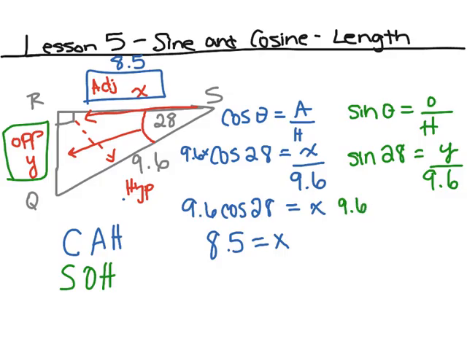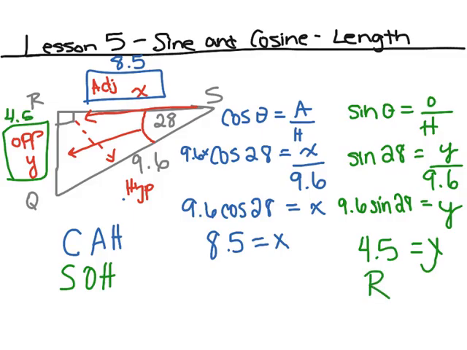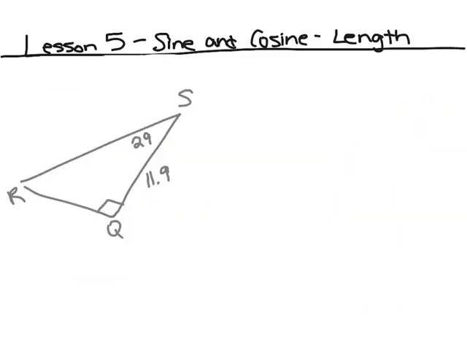So 9.6 sine of 28 is equal to y. Type that into your calculator as is, and you should get 4.5 equals y. So this side is 4.5. So that is our Q, and this is our S. So we found all the lengths.